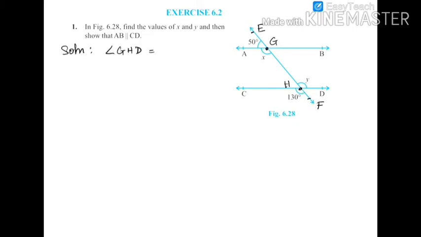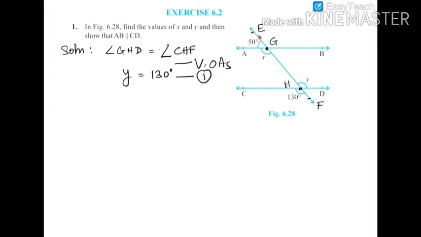So, angle GHD will be equal to angle CHF. But GHD is y and CHF is 130 degrees. Mark this result as 1.